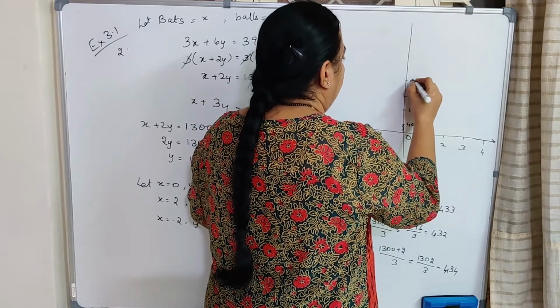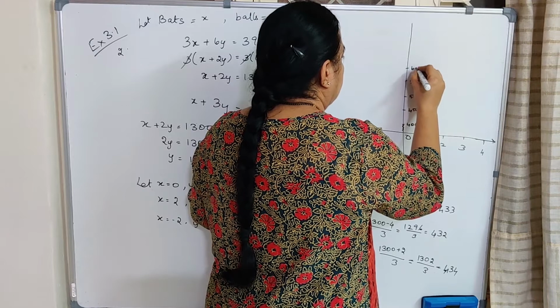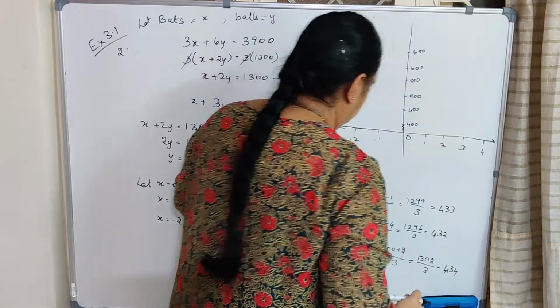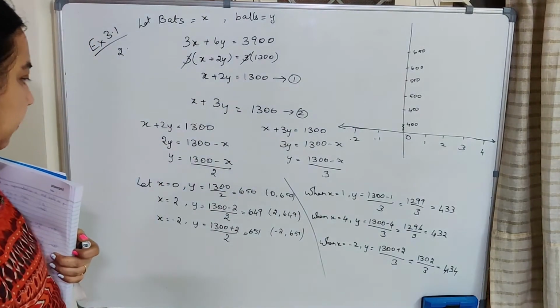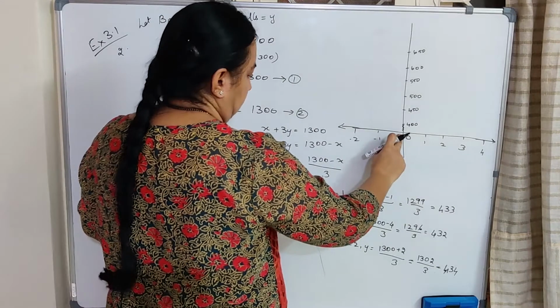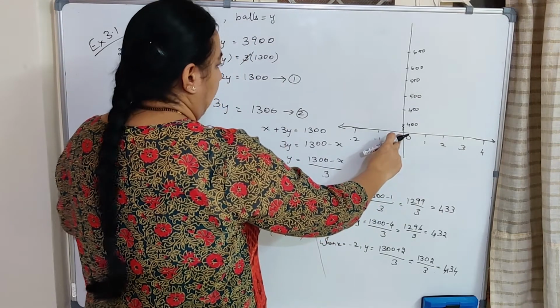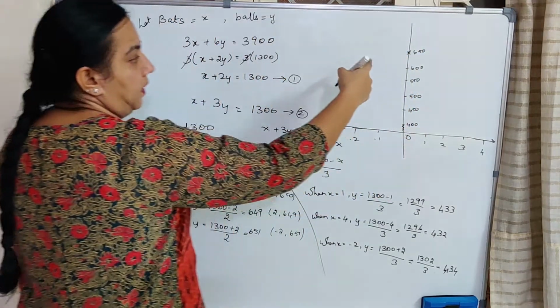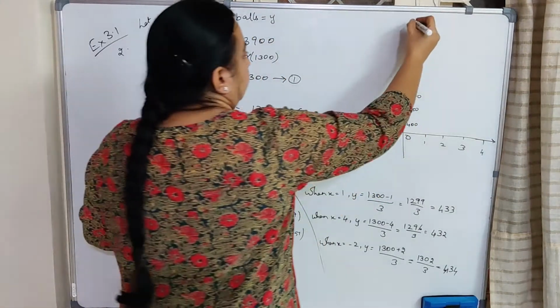Okay. Then 550, 600, 650. Okay. Now when I am going to mark it on the graph, the first point 0, 650. x-axis is 0 and the y coordinate is 650.